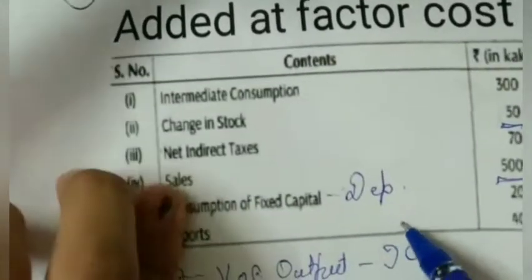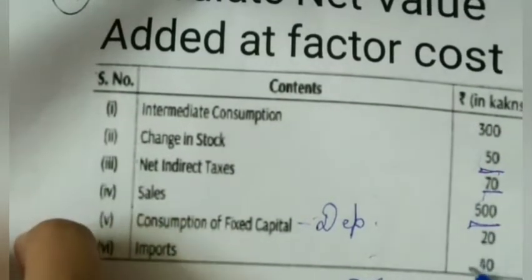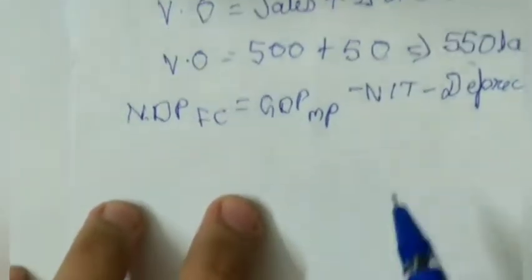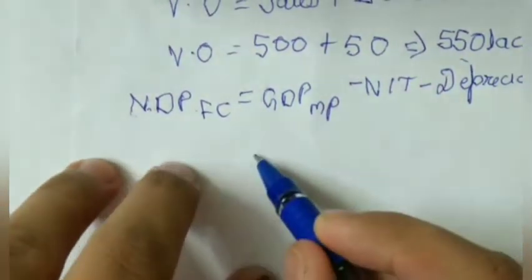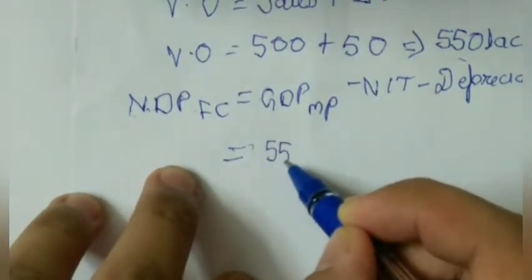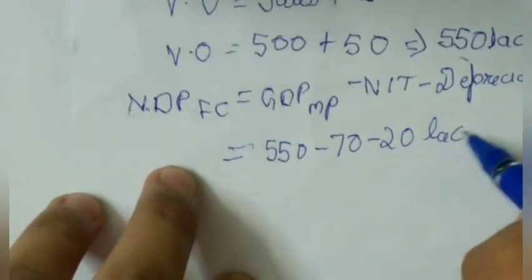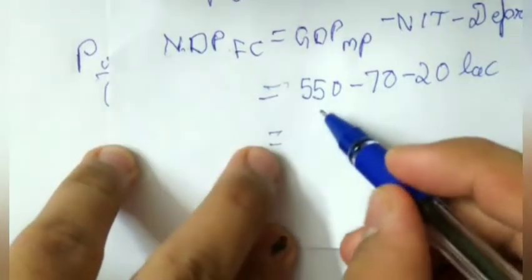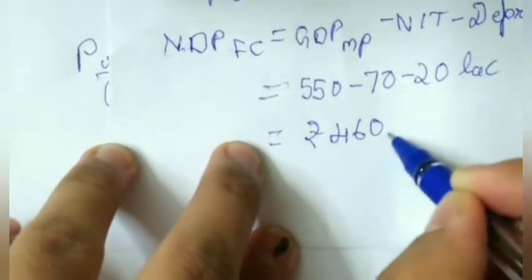Net indirect taxes is given to be 70 lakhs and depreciation is given to be 20 lakhs. So the value of NDP FC, or net value added at factor cost, will be equal to 550 minus 70 minus 20 lakh, which will be equal to 550 minus 90 lakh, equal to rupees 460 lakh.